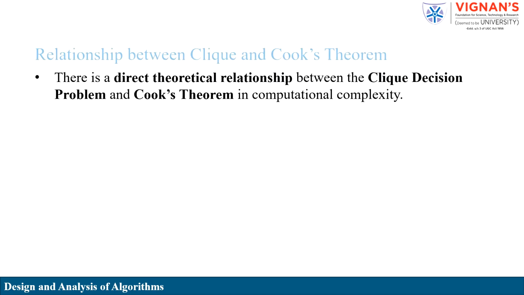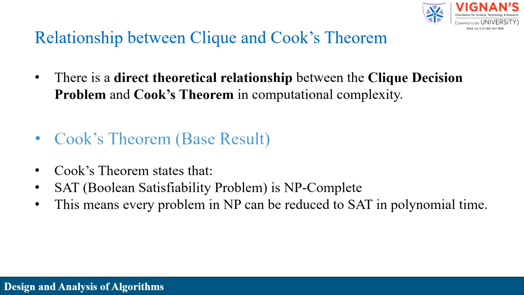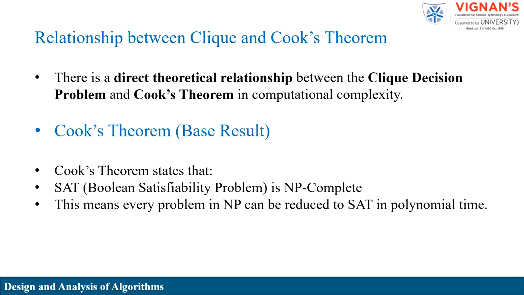Now let us understand the relationship between the clique problem and Cook's theorem. There is a direct theoretical relationship between the clique decision problem and Cook's theorem in computational complexity. First, let us look at Cook's theorem, which is the base result. Cook's theorem states that the Boolean satisfiability problem, also known as SAT, is NP-complete.